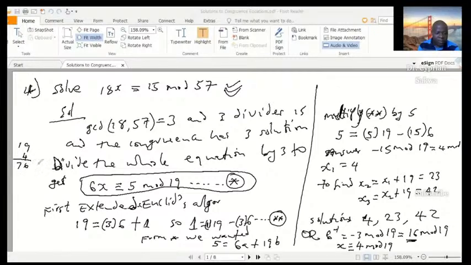So 76 from 80, the remainder is 4. So 4 here is the inverse of 6, and it's our x1 that we wanted. Then proceed and get x2 this way.